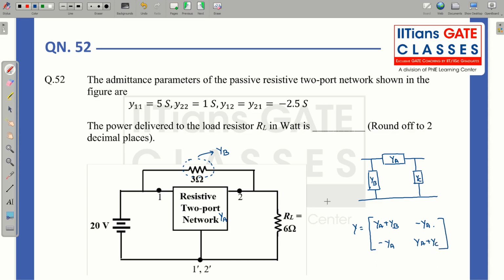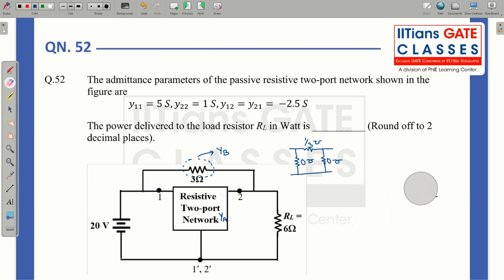So for this element, which is resistance, I have to find the conductance. If I find the admittance, I will be able to solve this. This is a single shunt element, so this is 1 by 300 ohm inverse or mho. So the Y parameter for this one, it will be what?